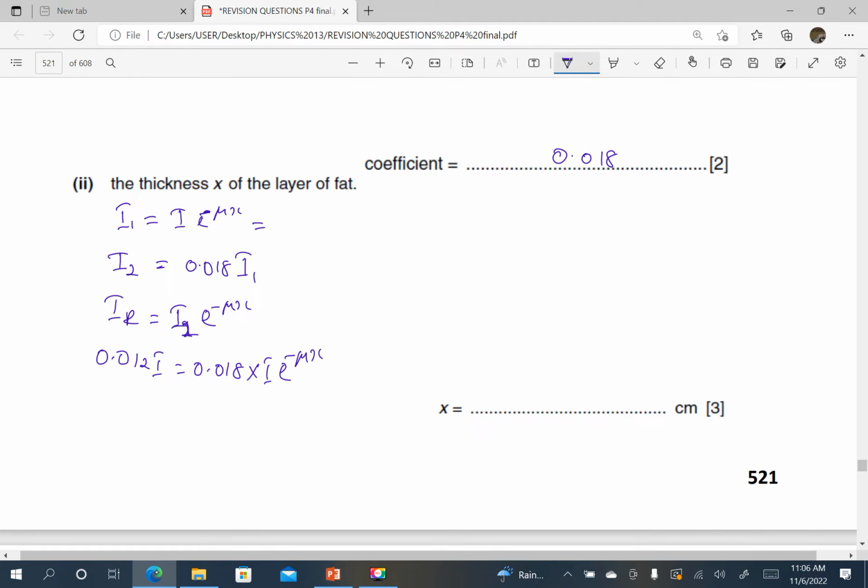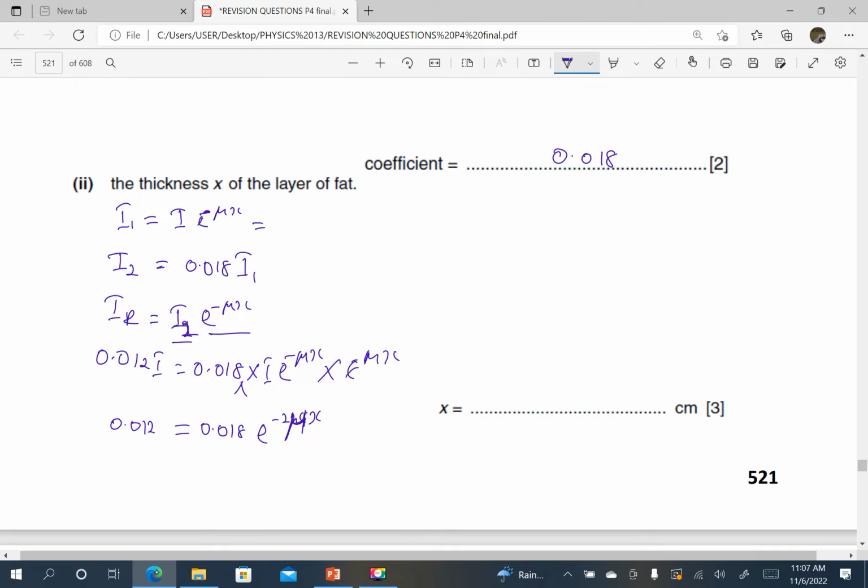Remember here there was I2 times that, so I will just multiply by e power negative mu x again. So I has cancelled. So I now have that 0.012 is equal to 0.018 e power negative 2 mu x.